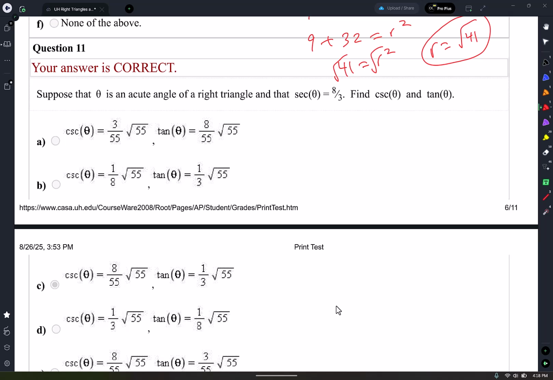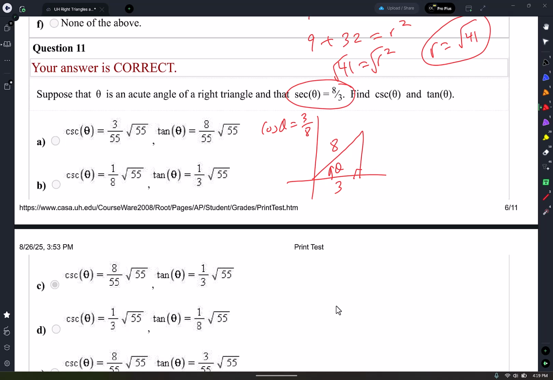All right, here we go. Again, an acute angle, so I like to draw reference triangles. Secant is the reciprocal of cosine, and cosine is adjacent over hypotenuse, 3 over 8. So adjacent 3, hypotenuse 8.